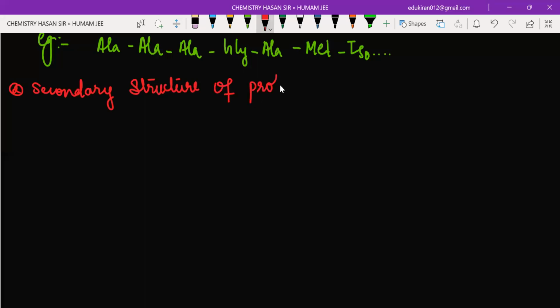Secondary structure of protein. Now, what is the secondary structure of protein?